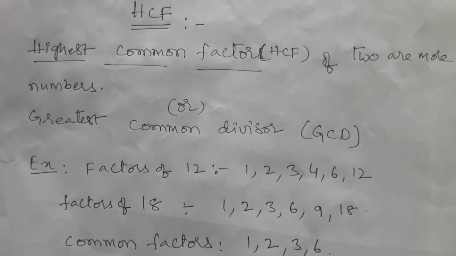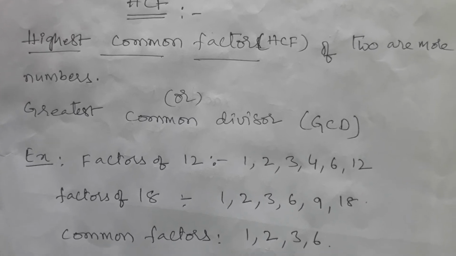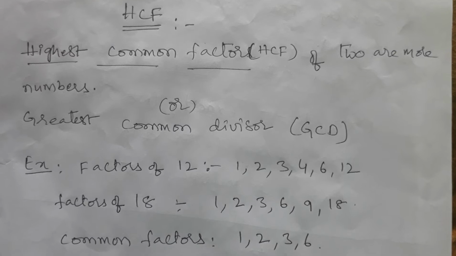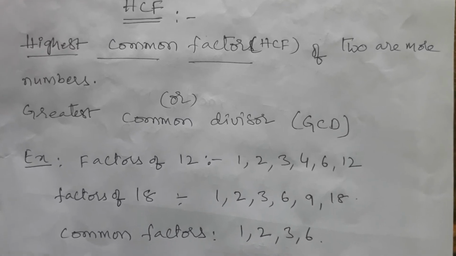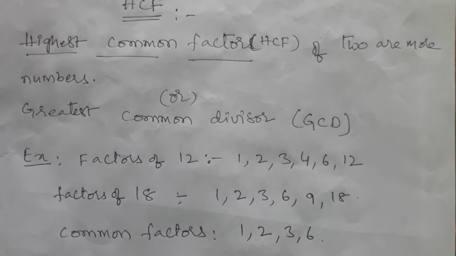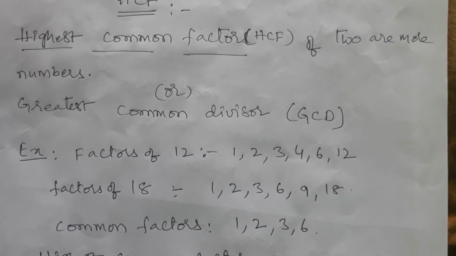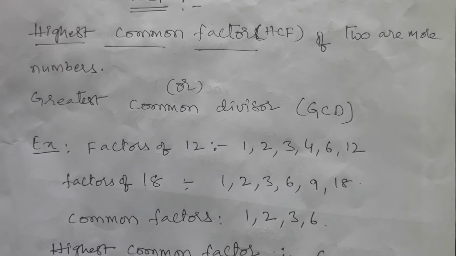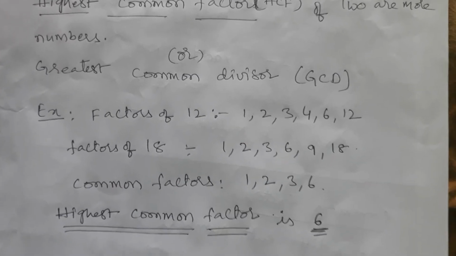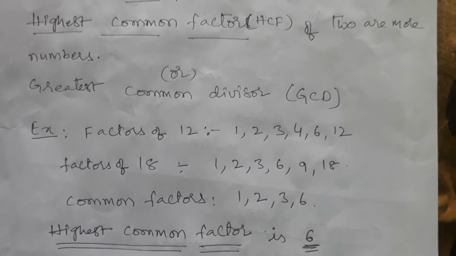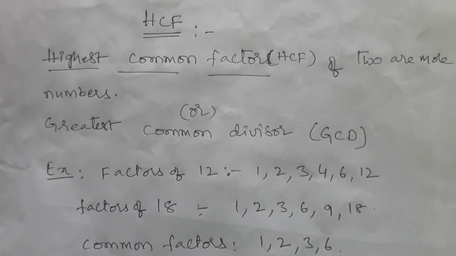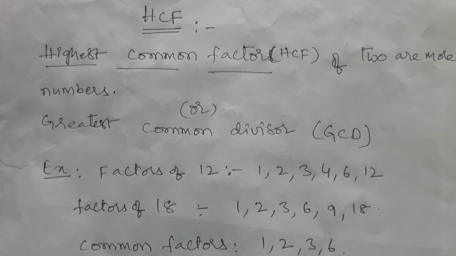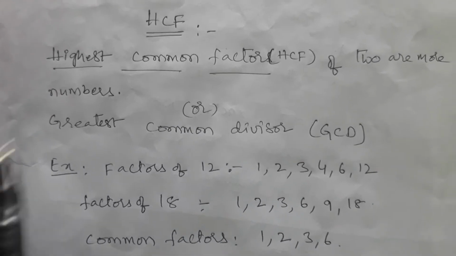When different numbers have the same factors, they are called common factors, as we studied on the last page. Now highest common factor means HCF. What is HCF? Highest common factor.